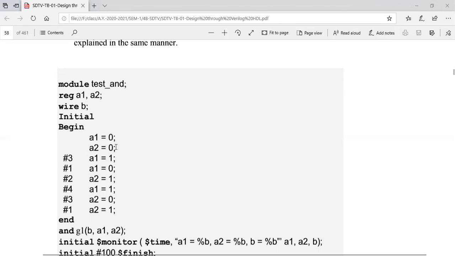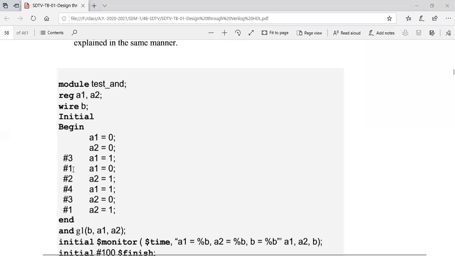I am not going to change A2. So first I am giving input 0, 0. Later, after waiting for 3 time units, I am making A1 as 1, and it stays at 1 for only 1 unit of time.